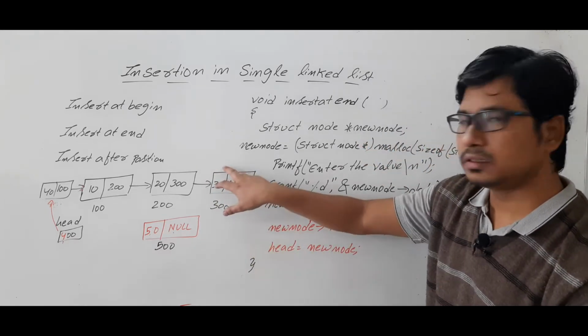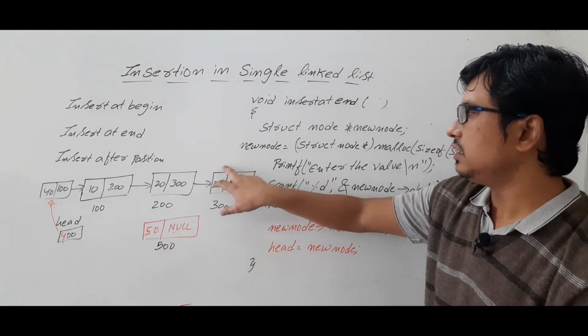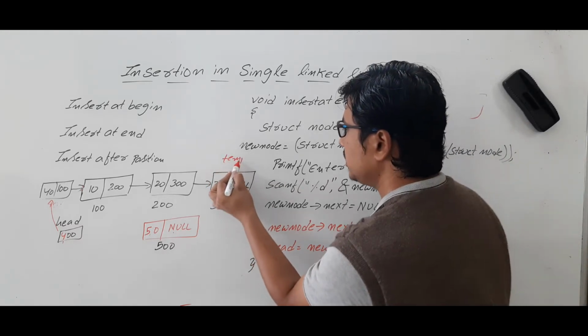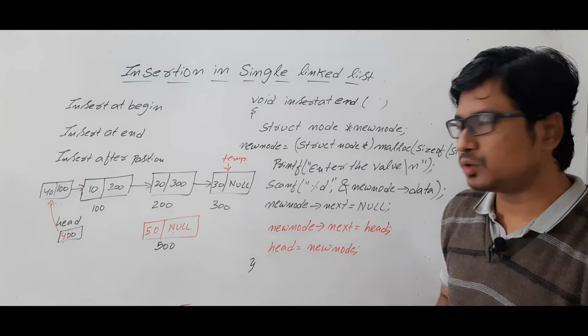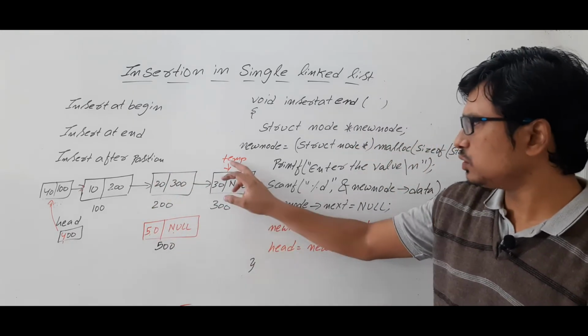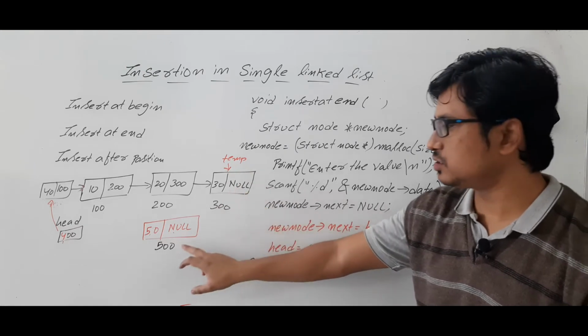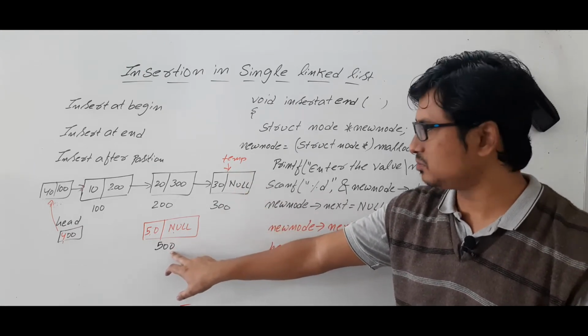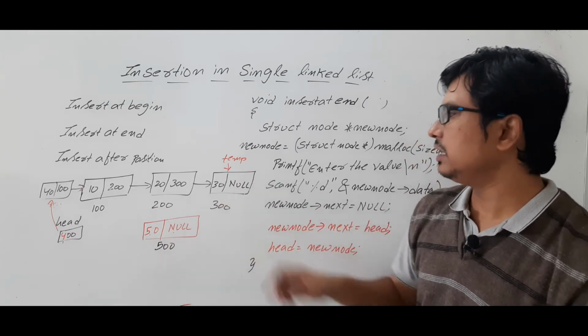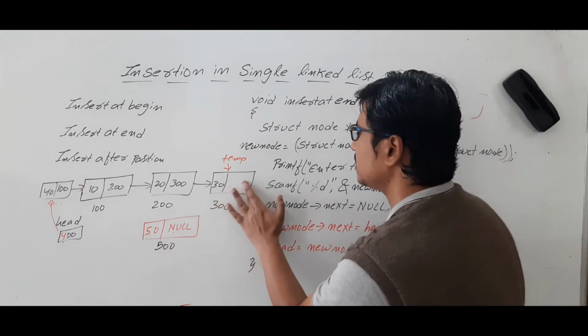Let's take that you have a pointer temp which is pointing to the last node in the current linked list. Now after this you want to add, so you can write temp of next is equal to new node. Suppose this is 500, then temp of next means 500 will come here.